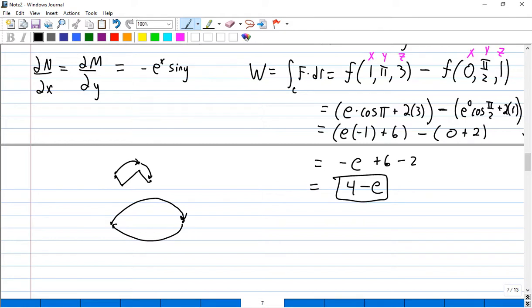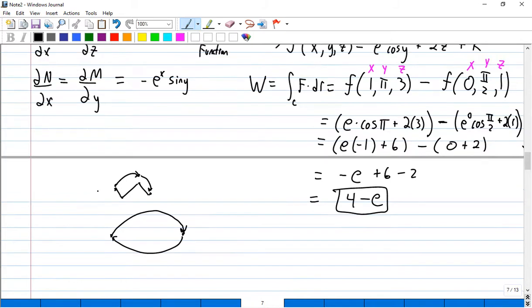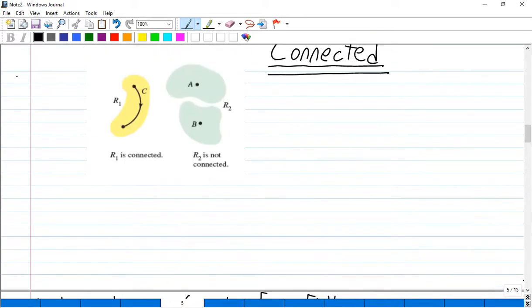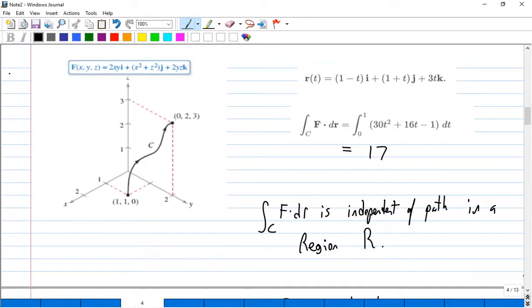So if you know the path that something takes, it looks like that. That might not be the most efficient way to work that problem, especially if I don't give you the path, or you can't easily figure out the path. What would be the most efficient way if it's path independent?